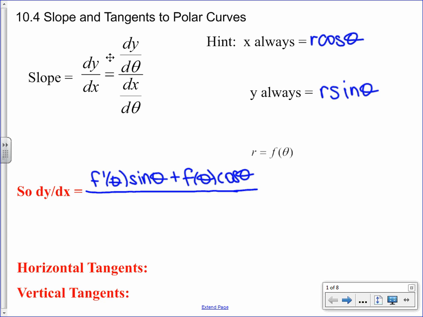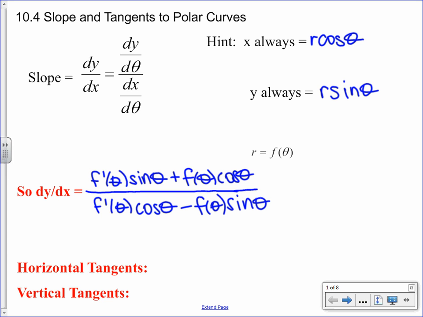Why? Because the derivative of cosine is negative. We are working with dy d theta. Oh, dy. Okay, I messed that up. Now, if we work with dx d theta, we have f prime of theta times cosine of theta minus f of theta sine theta.